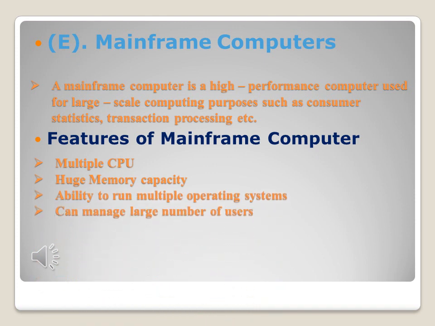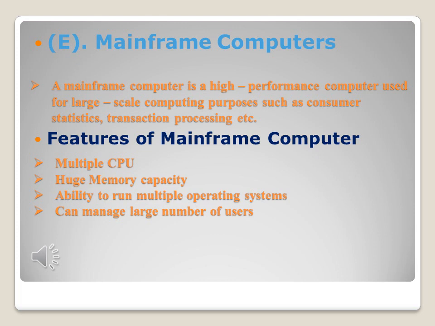Next are the mainframe computers. A mainframe computer is a high performance computer used for large scale computing purposes such as consumer statistics and transaction processing, etc. The features of mainframe computers are they have multiple CPUs as they require high performance, so more than one CPU is there in a mainframe computer.